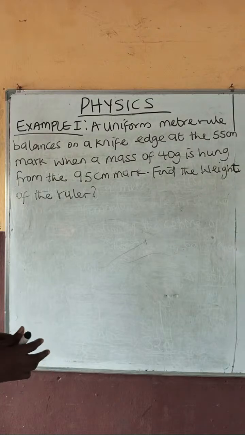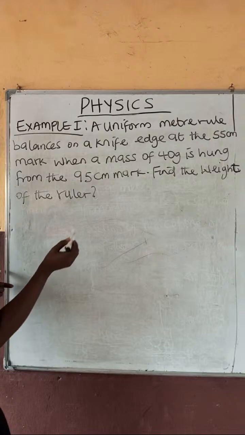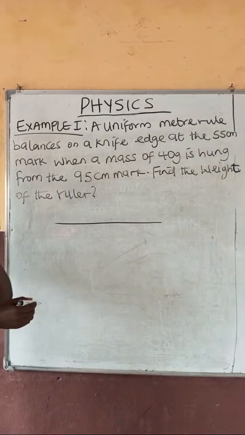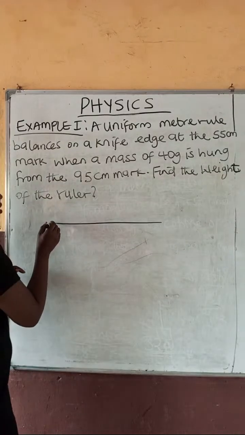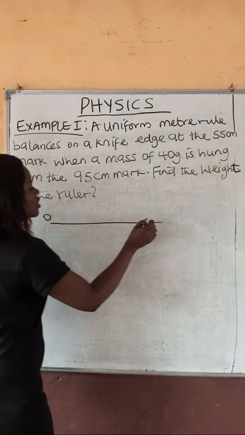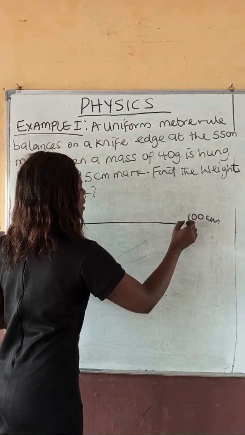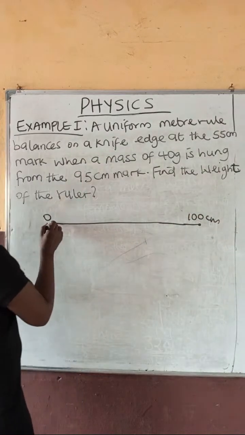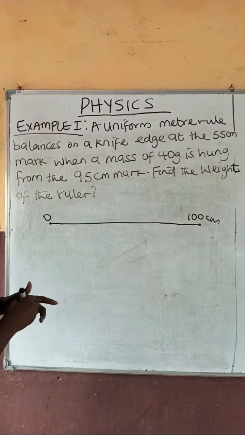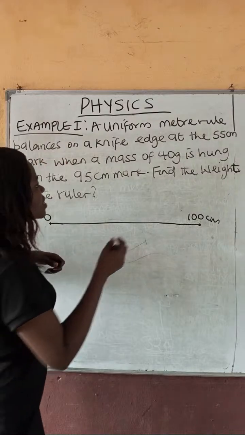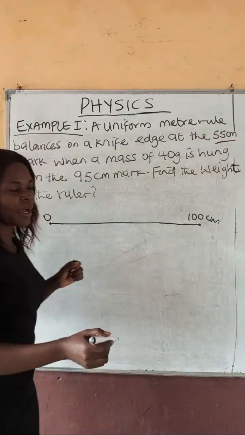For us to solve this, we are going to say, this is the ruler, and the ruler ranges from 0 to 100 centimeters. Now, the knife edge balances at the 55 centimeter mark.